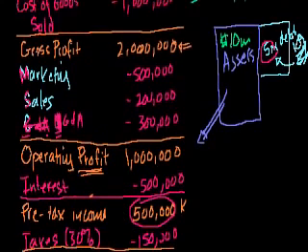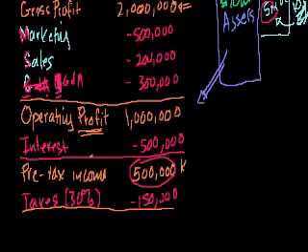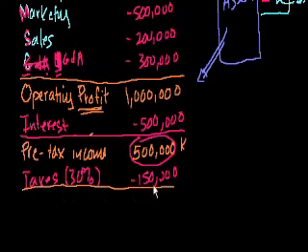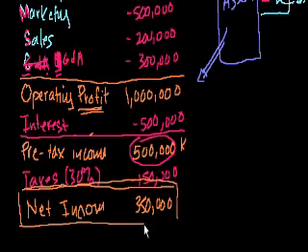So we started off with $3 million up here. We kept paying a bunch of expenses. And now we're left with $350,000 of net income. And this is what goes to the owners of the company. This net income right here.